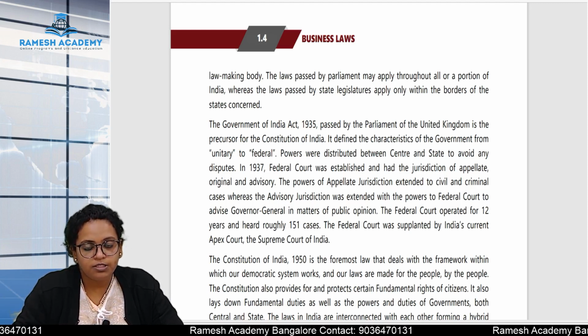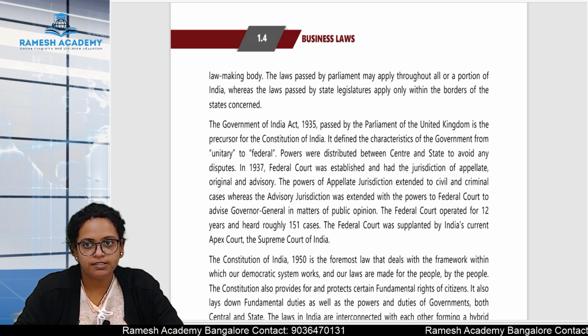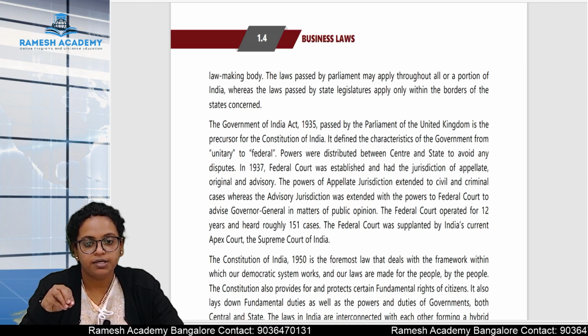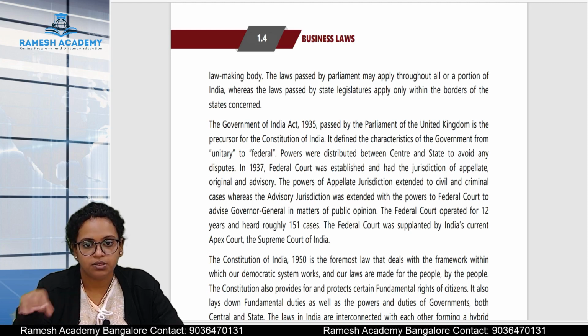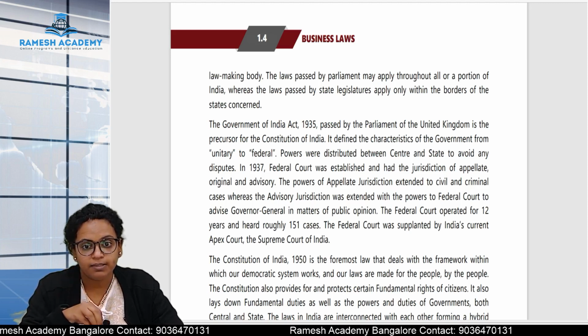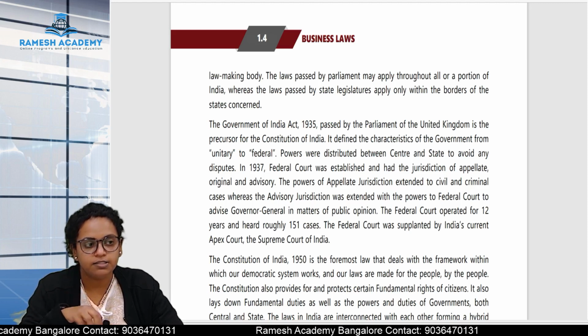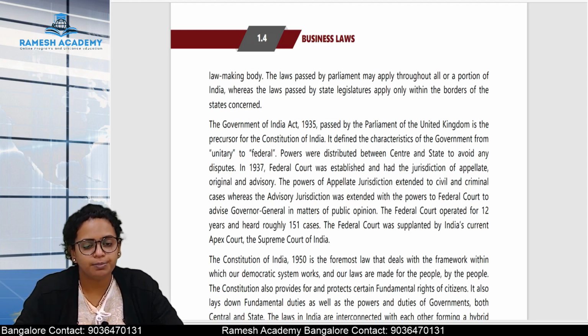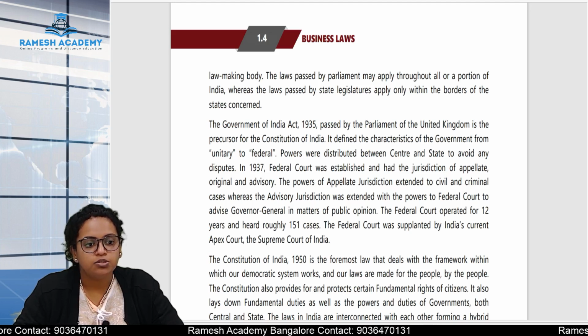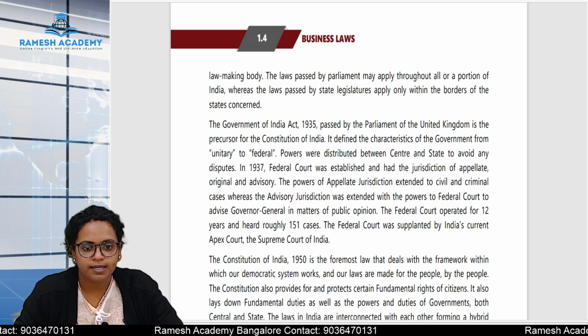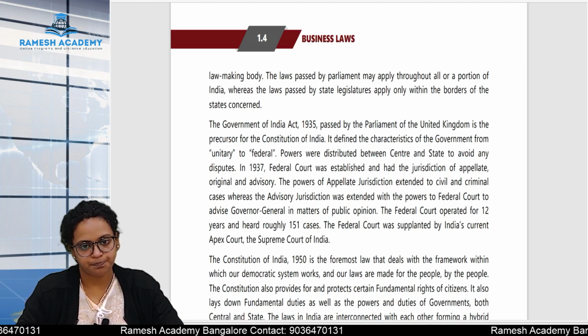So what is federal? From unitary to federal. Unitary is nothing but one, right? Federal is nothing but dividing the powers. Powers are distributed among the center and the state. Not every decision can be taken by the central. So the central has divided the powers to the state.